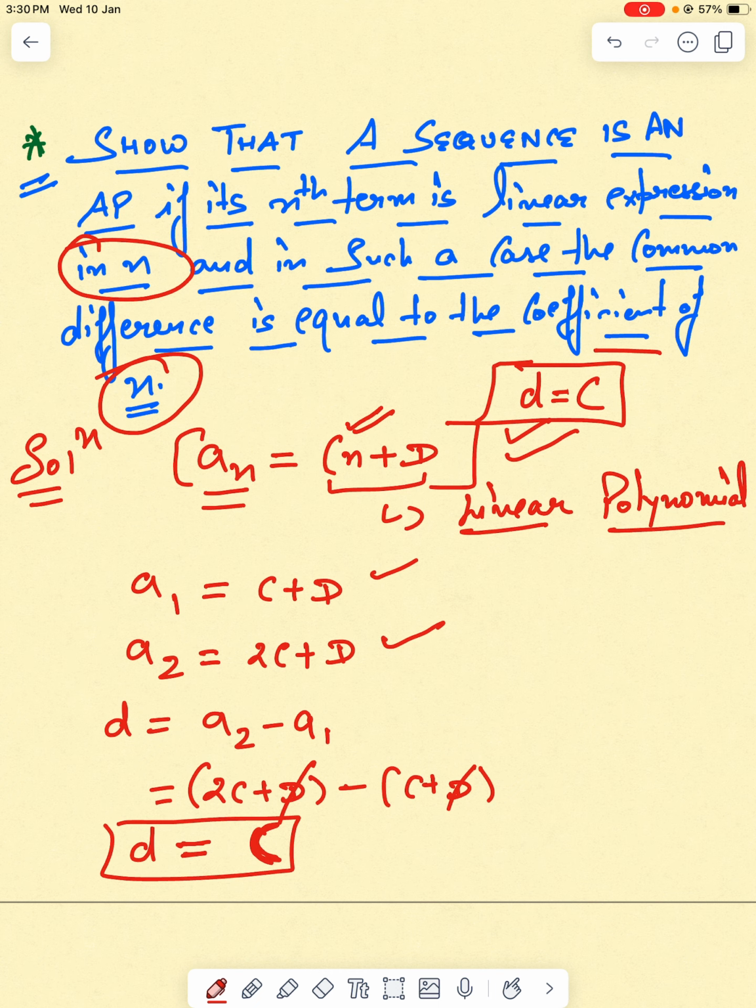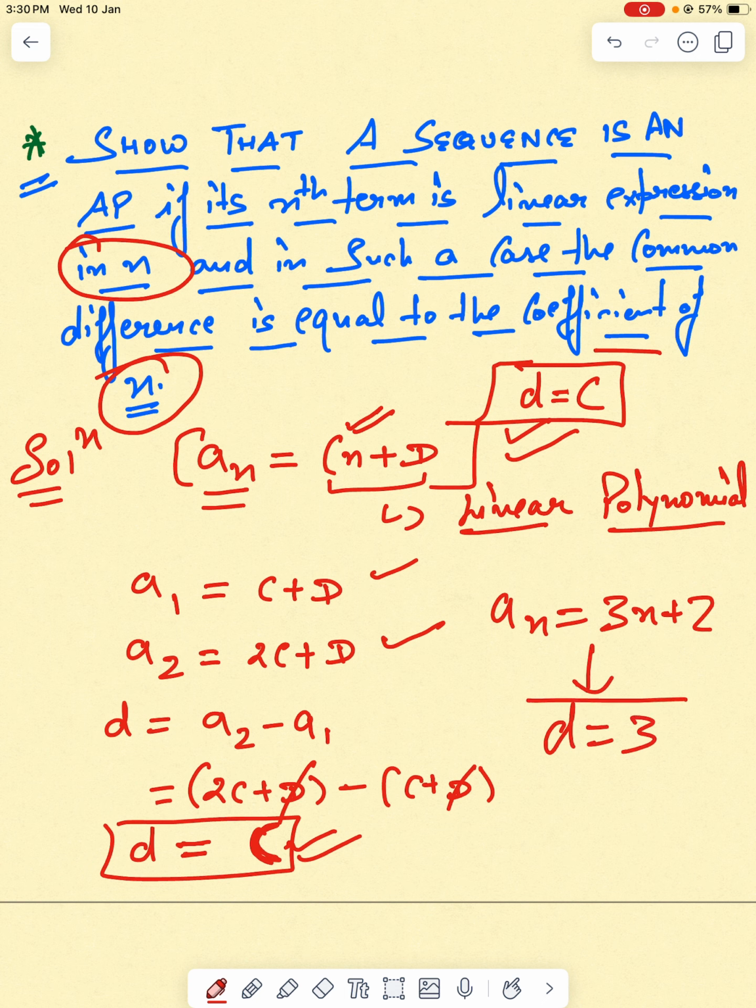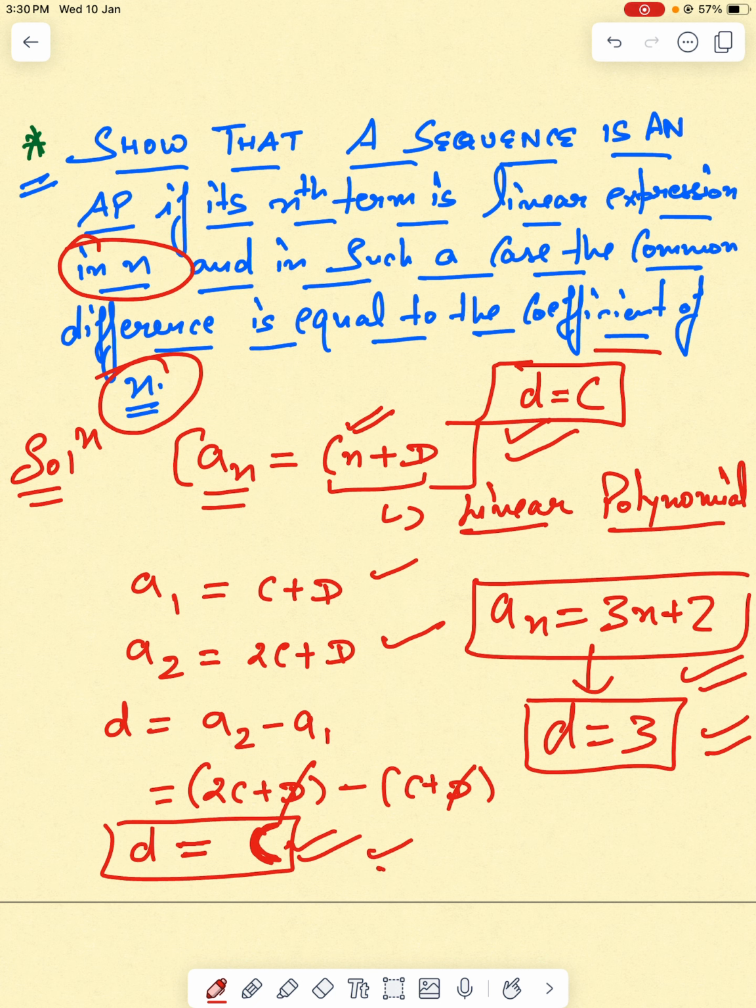So how to find it? You can directly check the coefficient of n. The answer will be that coefficient of n, which is equal to C. Or the nth term may be given like 3n plus 2, and he wants us to find the value of D. So D here is equal to the coefficient of n, which is equal to 3. So this is the direct conclusion we have found.